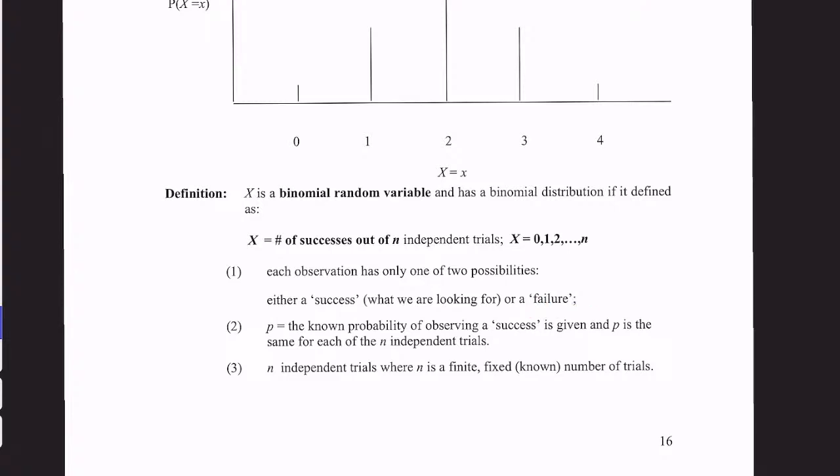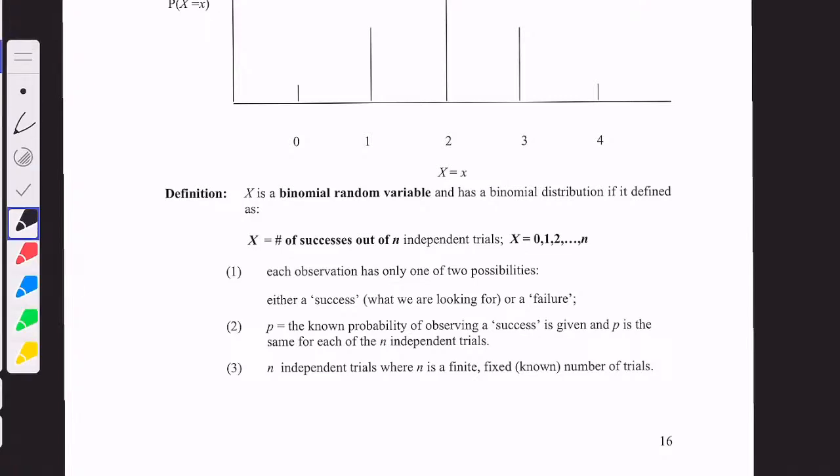The chance that your success occurs should be known. We give it a special symbol, P. That probability should be known, and it should be the same for each of the trials.